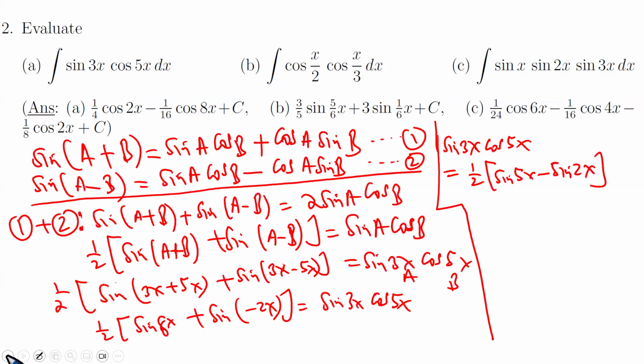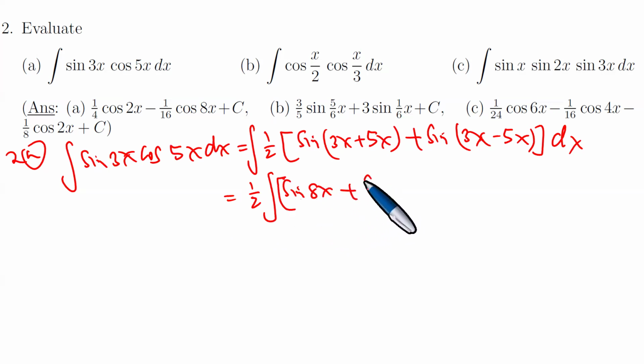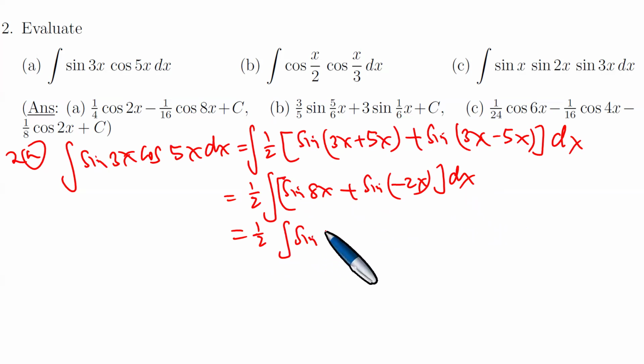So you add the angles up and then you subtract the angles, which is exactly the sine of 8x minus 2x, which is the integral of 8x.